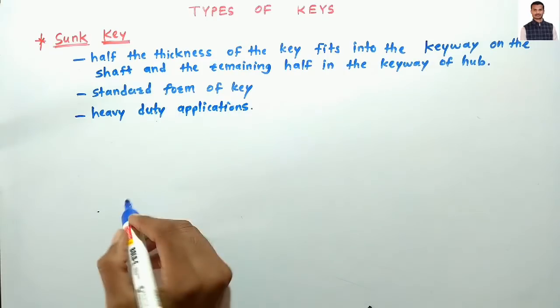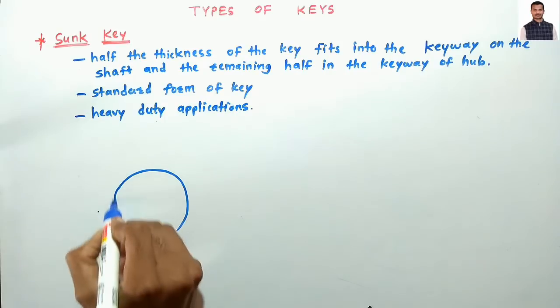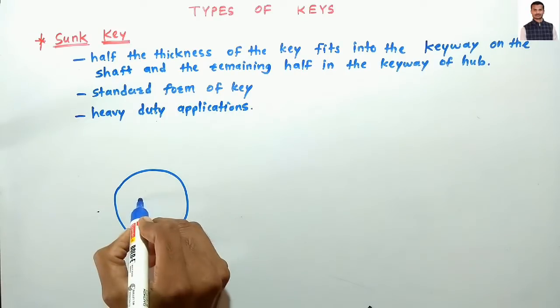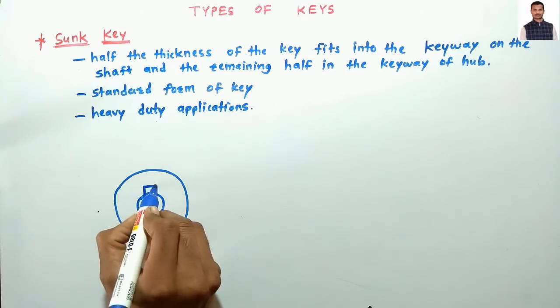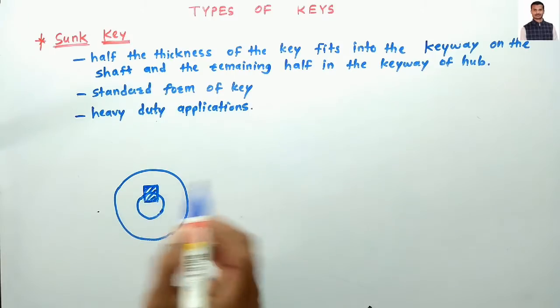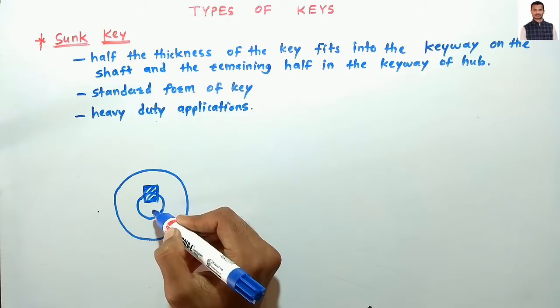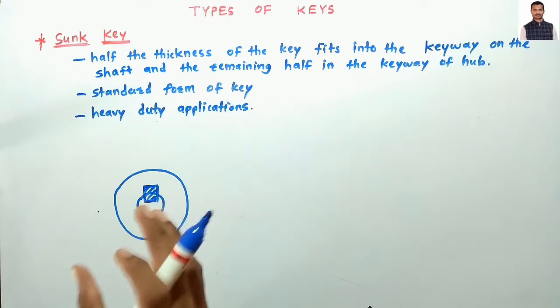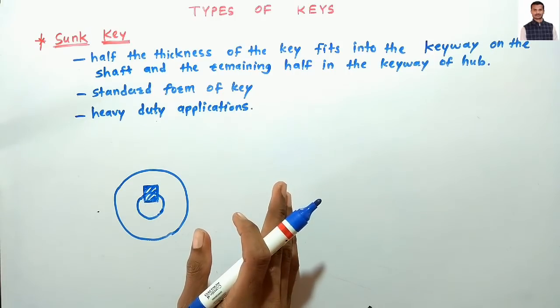So how does the sunk key look? Let us see. If this is a hub, this is a shaft. Now the sunk key is half in the hub and half in the shaft, so a keyway is required half in the hub and half in the shaft. It is a standard form of key suitable for heavy duty applications.